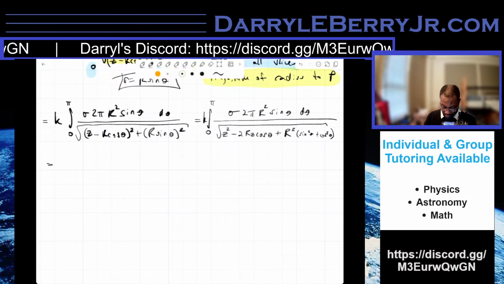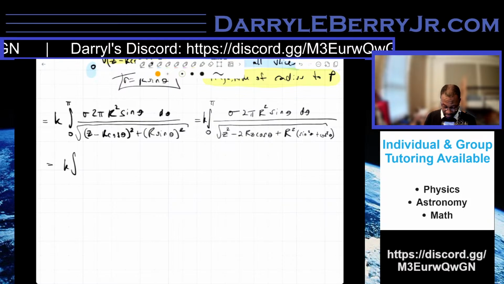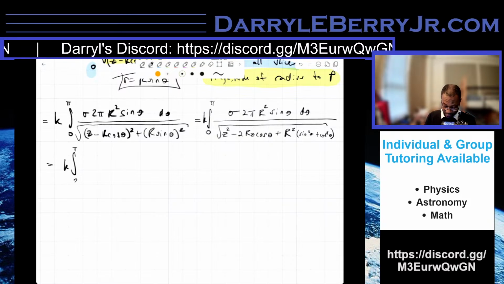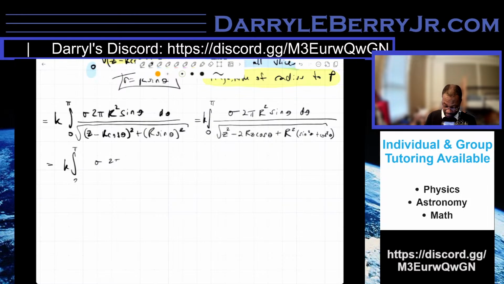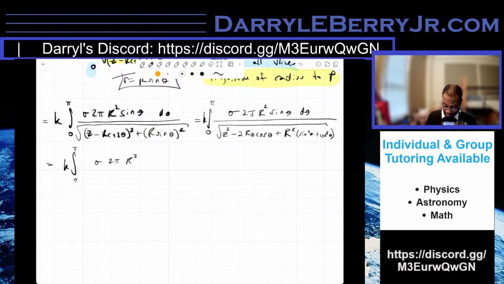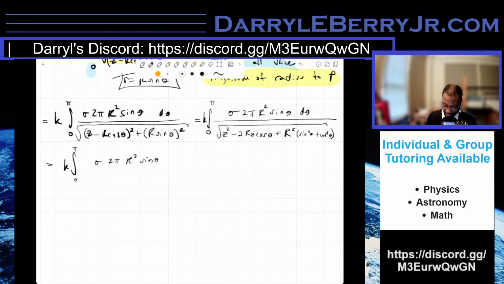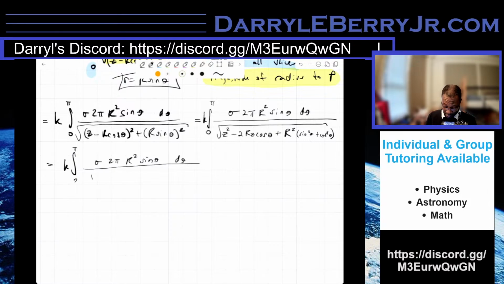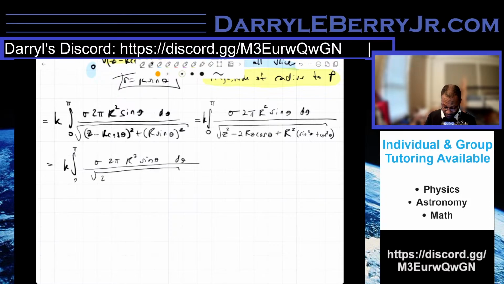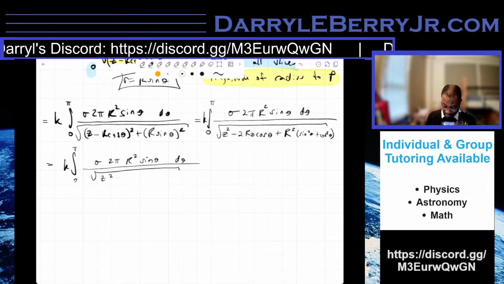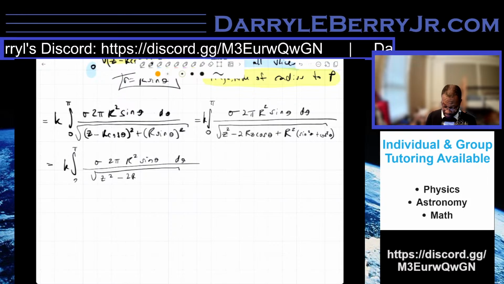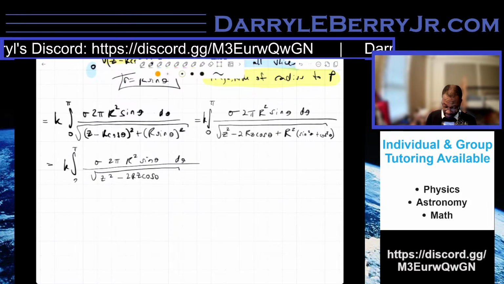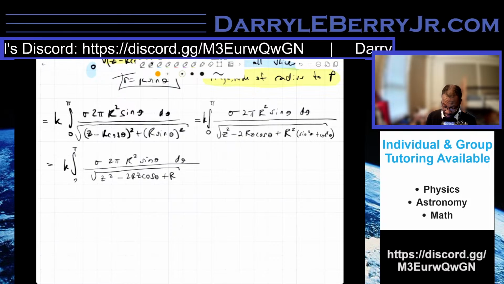So that should equal k, 0 to pi, sigma 2 pi big R squared sine theta d theta over the square root of z squared minus 2rz cosine theta plus r squared.